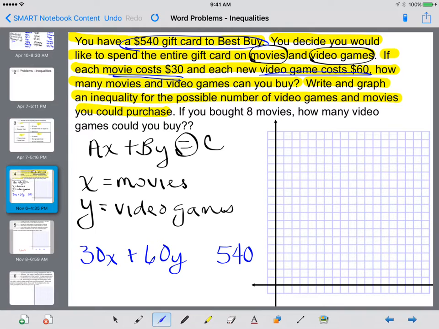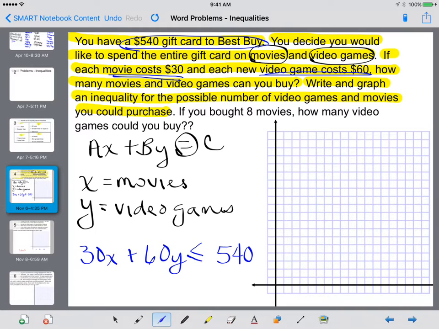Now, we only want to spend the money that's on the gift card. We don't want to have to dig into our own pocket. So we want our 30x plus 60y, we want that side to be less than, or maybe we spend exactly 540. So now I've created this inequality which we're going to be able to graph.